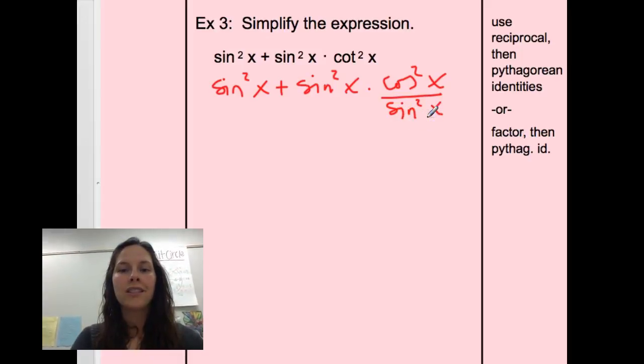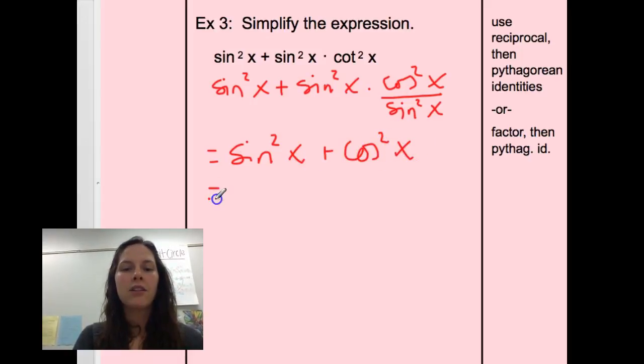And of course, our sine squareds on that second part of our expression will cancel. So we have sine squared x plus cosine squared x. And this is the Pythagorean identity, sine squared plus cosine squared equals 1.